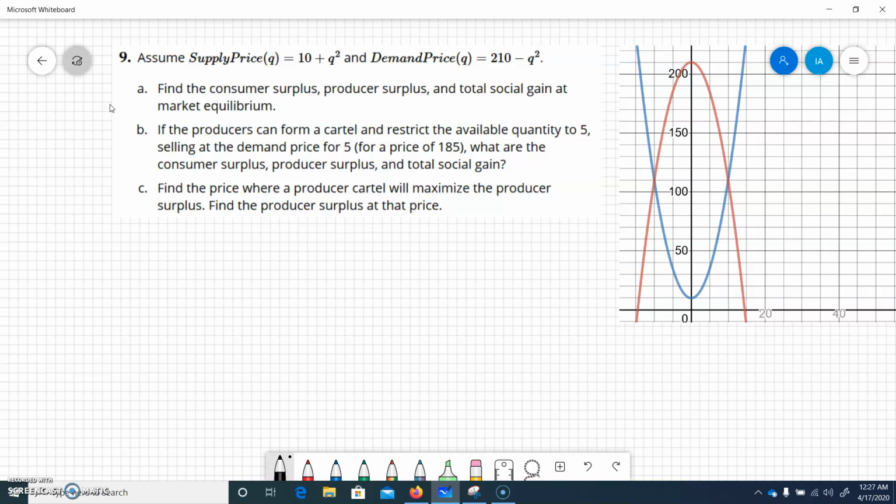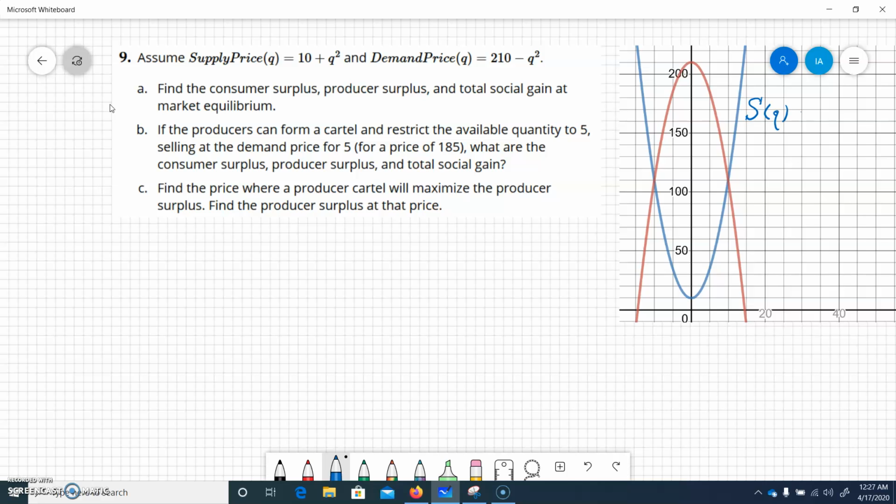So we have that the supply can be calculated by 10 plus q squared, which is listed first, but let's see here. I have gone to Desmos and actually pulled a graph here. So I made it blue, which is the consistency I've done.